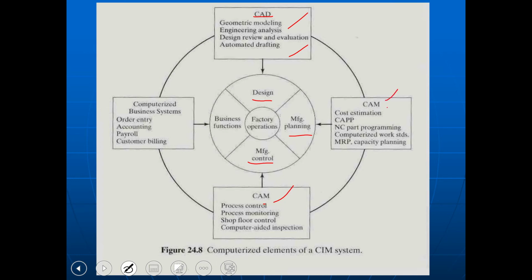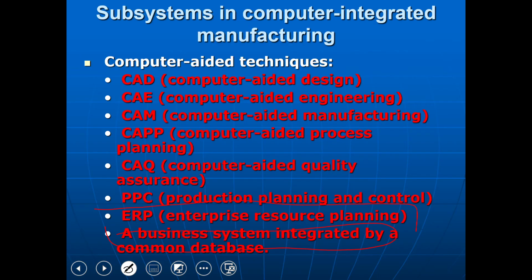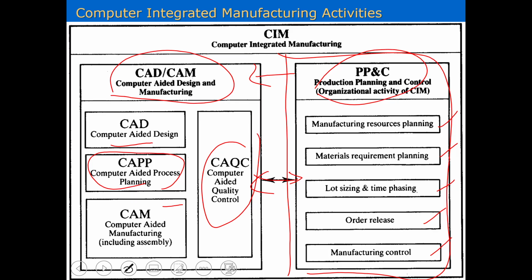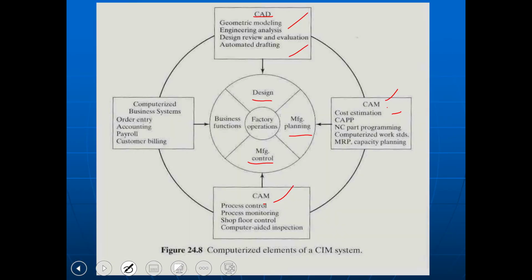So in the CAM, normally there is cost estimation, CAPP, computer aided process planning, NC, numerical control, part programming, computerized work standards, MRP, capacity planning.